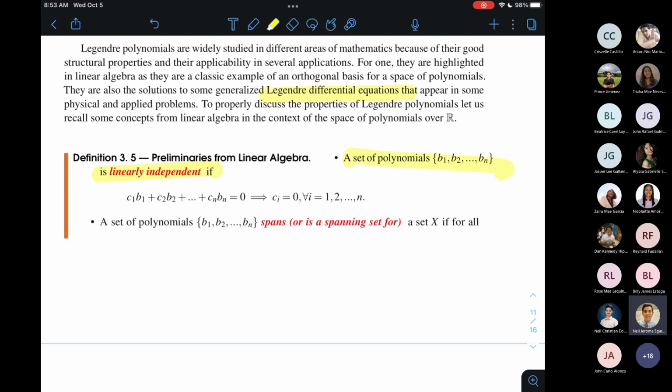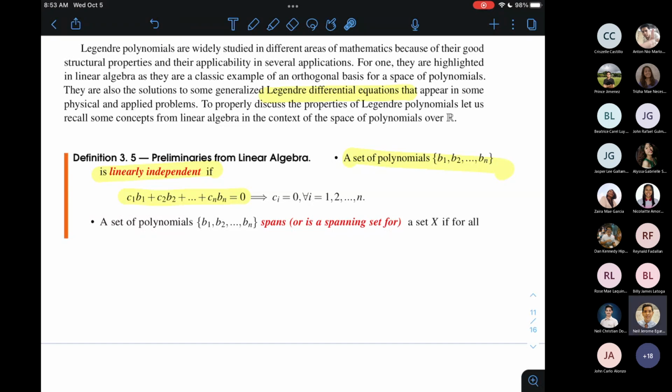No? Pero we say a set of mathematical objects is linearly independent if this linear equation has only the trivial solution. All right? So si B1 hanggang Bn ay linearly independent kapag kinuha mo yung linear combination nila with unknown coefficients, inequate mo kay 0, nag-iisa lamang yung solution, which is all of the c sub i's are equal to 0.